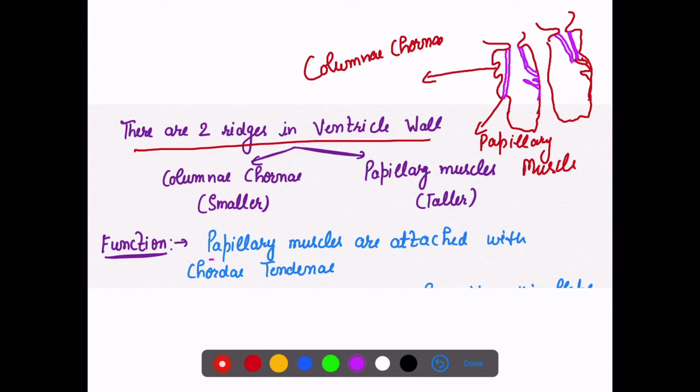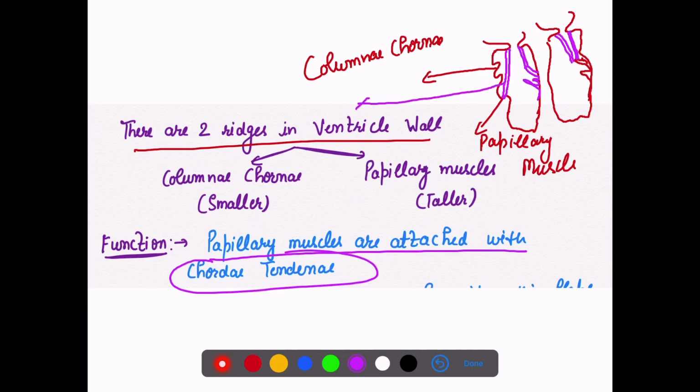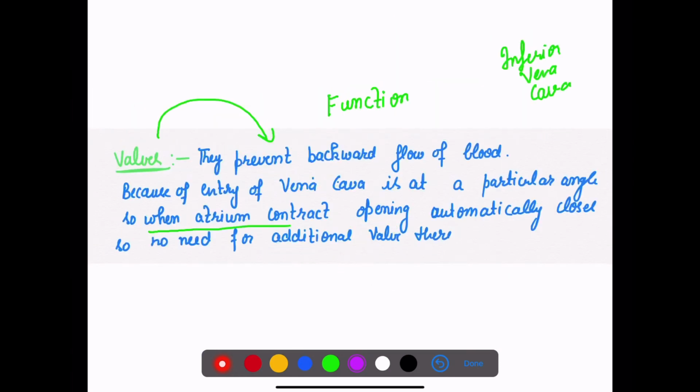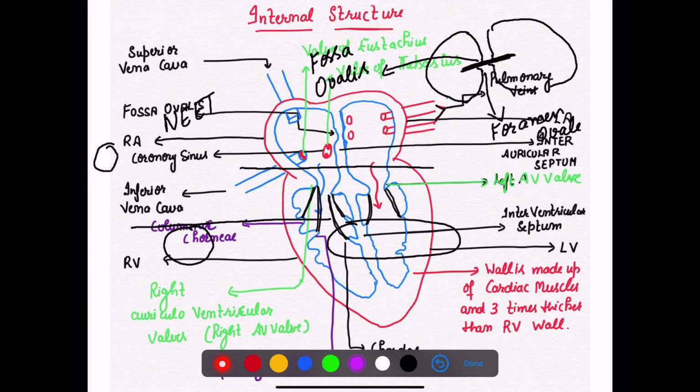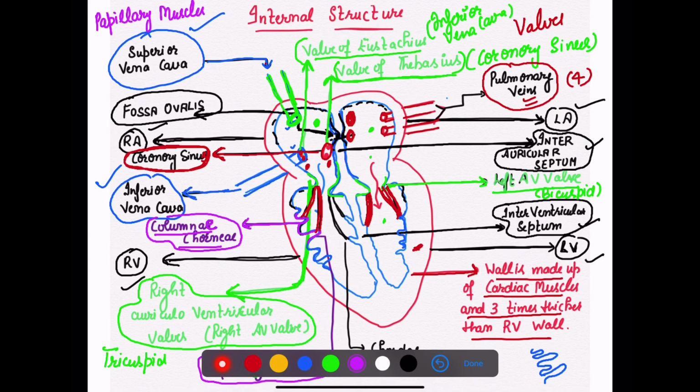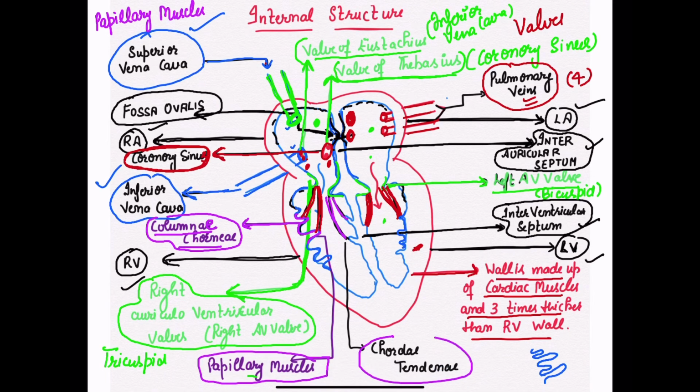So papillary muscles are attached with chordae tendineae. These that we have drawn are our chordae tendineae. Okay, one more time we will look into our picture at how we have drawn it. As you can see, these are our chordae tendineae.